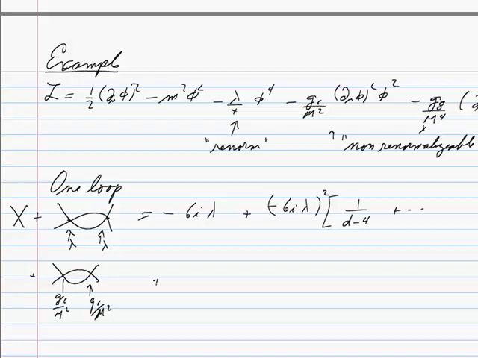There'll be now a term that looks like g6 squared over m to the fourth, right? Because that's just the coupling constant. And there'll be some function of m squared, p squared, and p to the fourth.